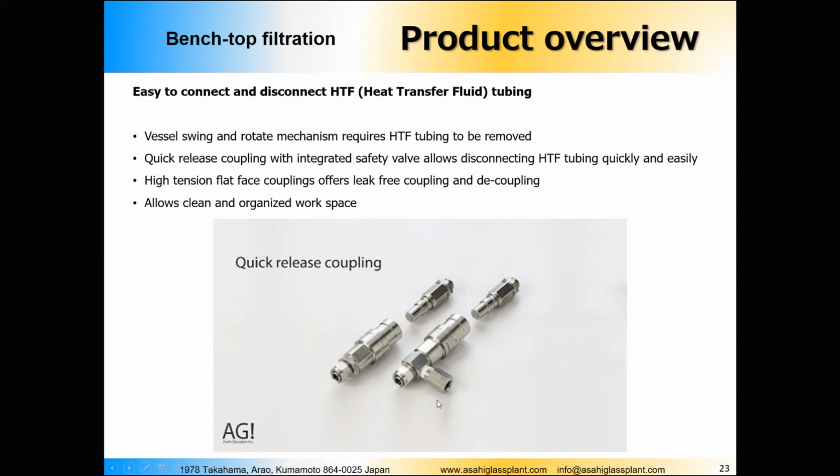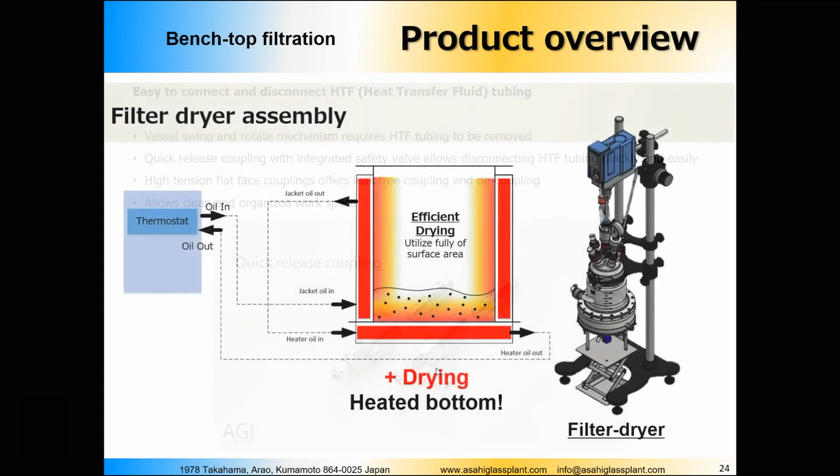In order to avoid this, you will need this pressure relief valve. It is calibrated to 0.5 bars, and in case an overpressure situation occurs in the jacket, the valve will open and release the excess heat transfer fluid, preventing the breakage of the jacket.